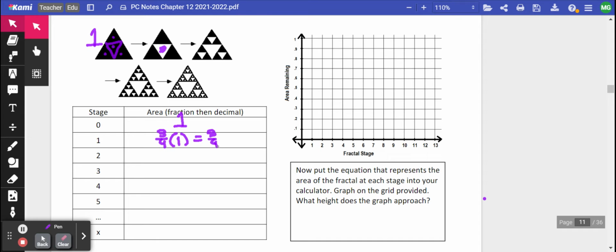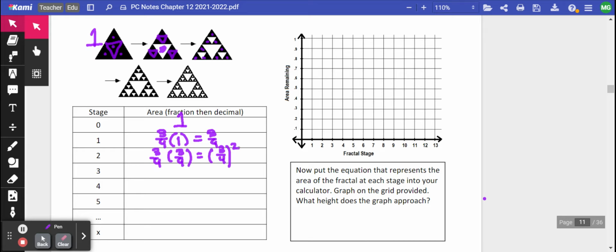Then what we do is we apply the rule again to the 3 triangles that remain. So we go midpoint to midpoint to midpoint on all 3 triangles and we cut out that middle piece. And what we're left with is 3 out of 4 of all of the triangles that were there. So we're left with 3/4 of the original 3/4. I'm just going to rewrite that as (3/4) squared.